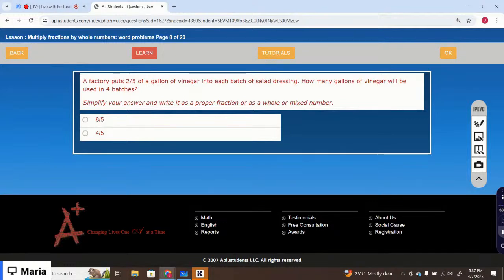How many gallons of vinegar will be used in 4 batches? That is 8 over 5. Option number 1 is the correct option.